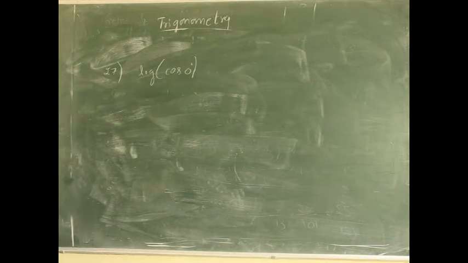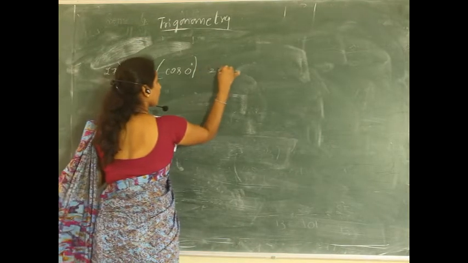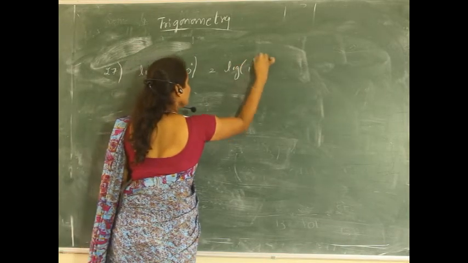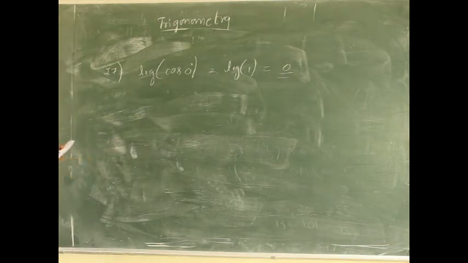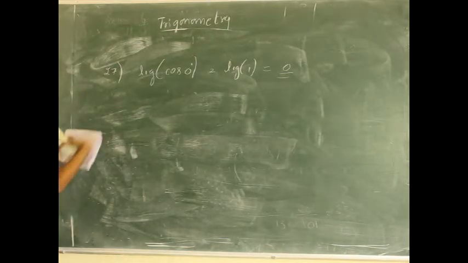What is the value of cos 0? Cos 0 is 1. So log 1 equals 0. Since it is a product, the whole product will be 0. So option A. The 27th is A. Next, the 28th.